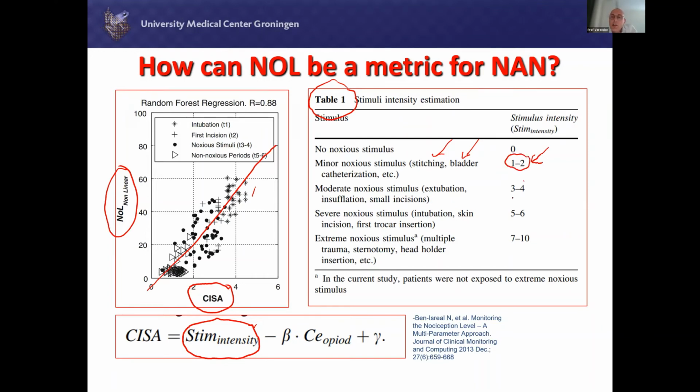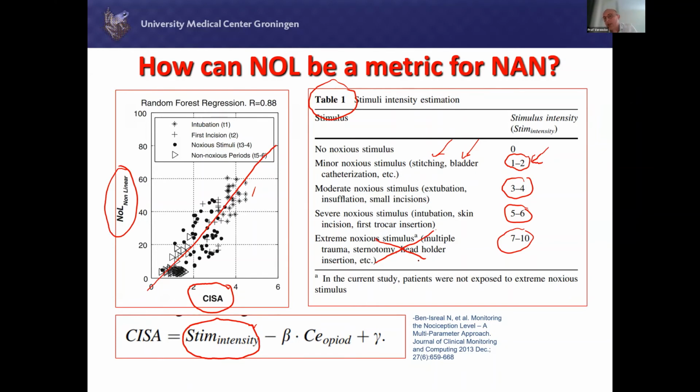There were other clinical settings defined as moderate noxious, severe noxious stimulation, and then also severe or extreme noxious stimulation. But you should be aware that this kind of stimulus was not included in the original study. And so you get the quantification.